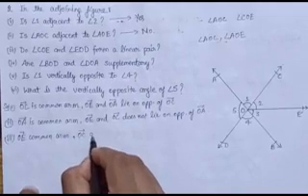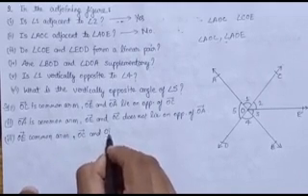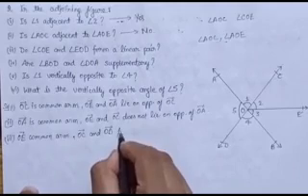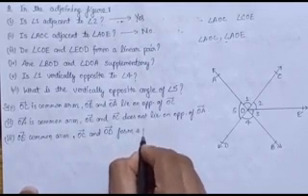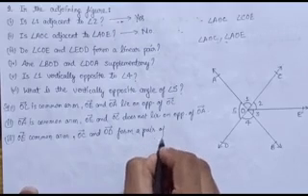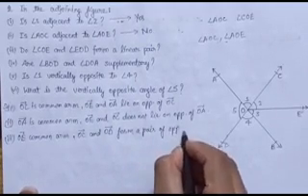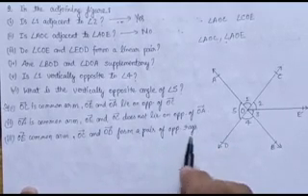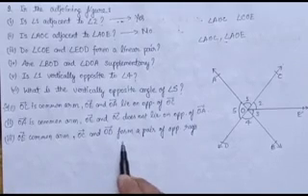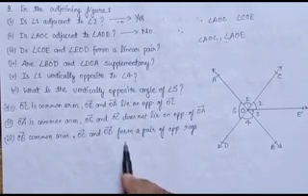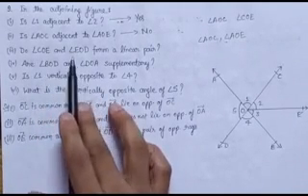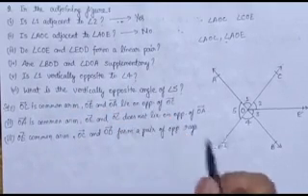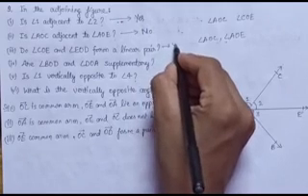OC and OD form a pair of opposite rays. Hence, we can say the condition of a linear pair is fulfilled. That's why angle COE and angle EOD form a linear pair. So, our answer is yes.